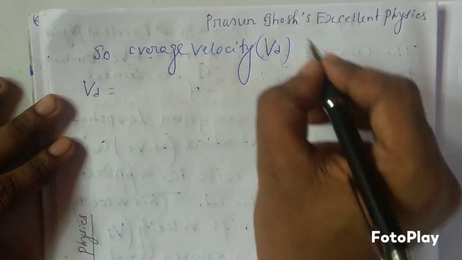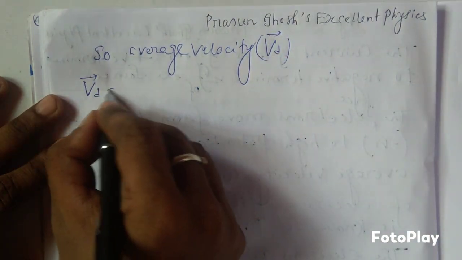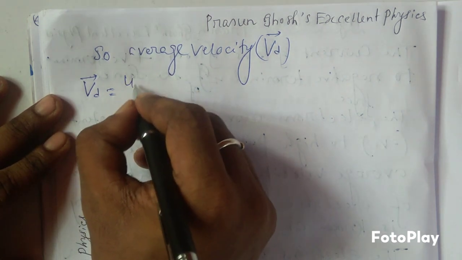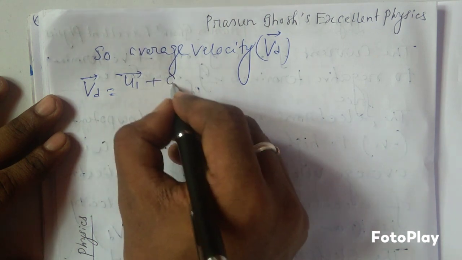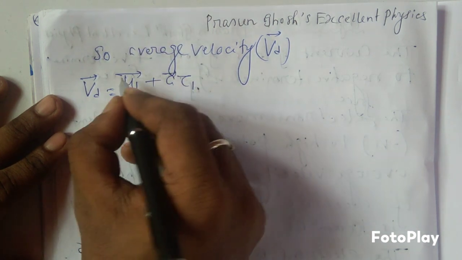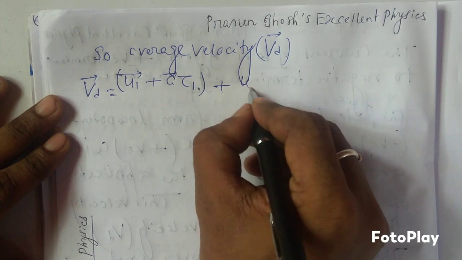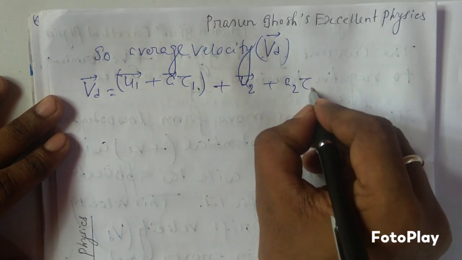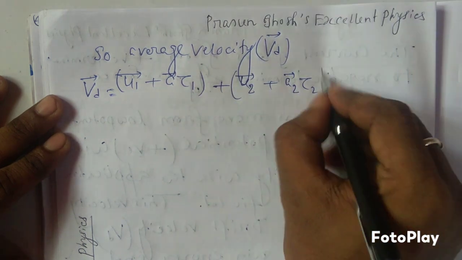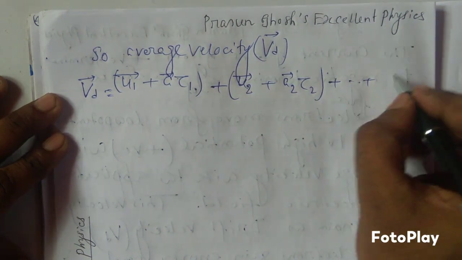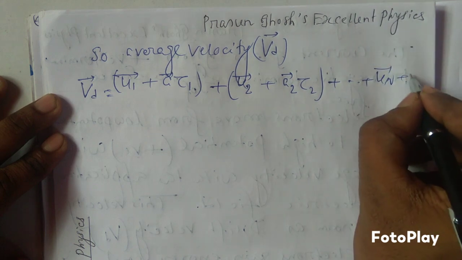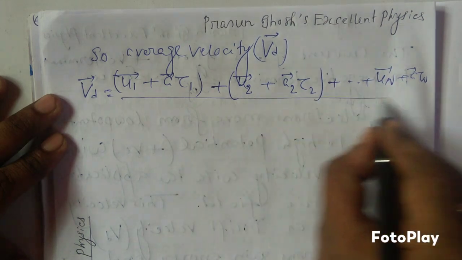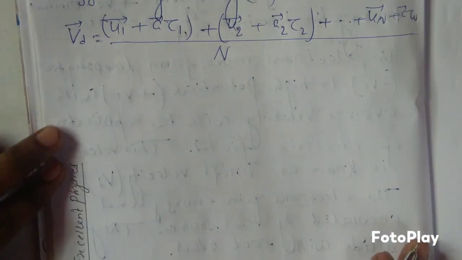Vd is equal to, we can write, U1 plus A tau 1, plus U2 plus A tau 2, and plus Un plus A tau n, divided by n.